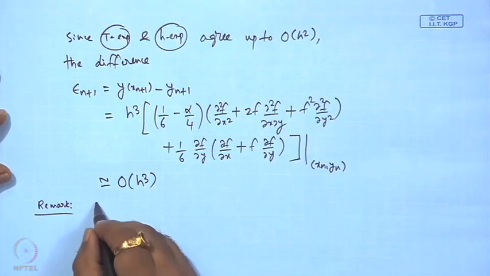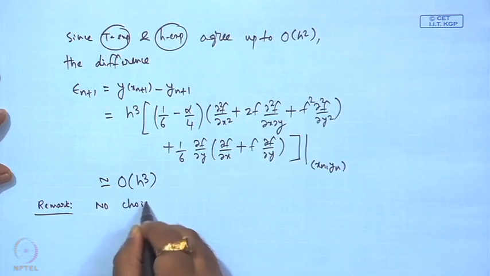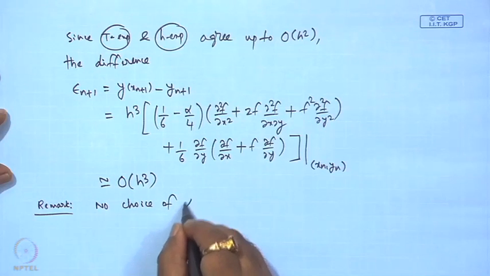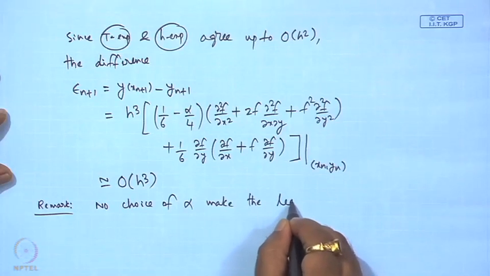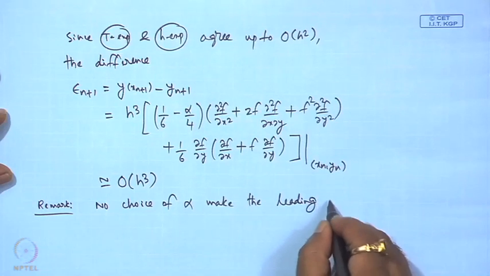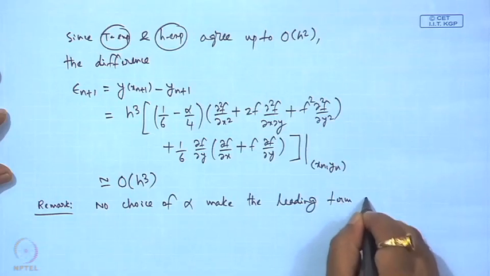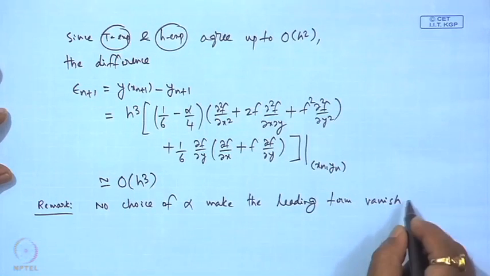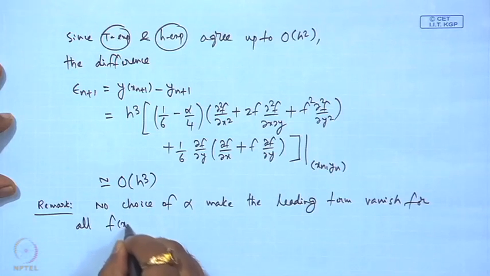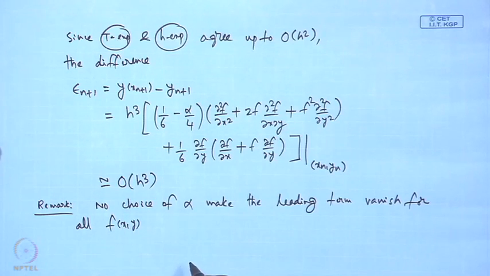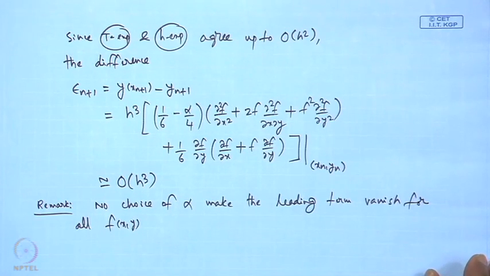So, no choice of alpha will make the leading term vanish for all f of x, y. So, this is an important remark to conclude that really the error is coming from order of h cube.